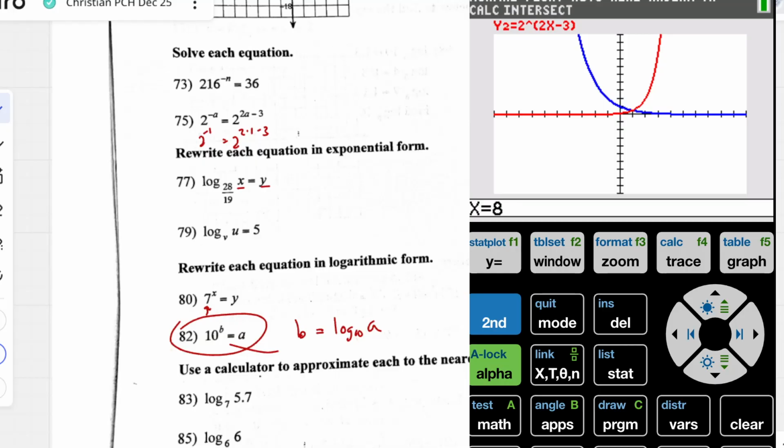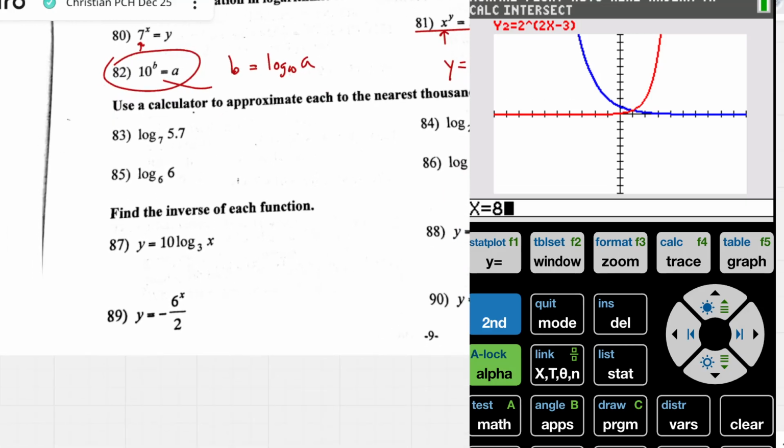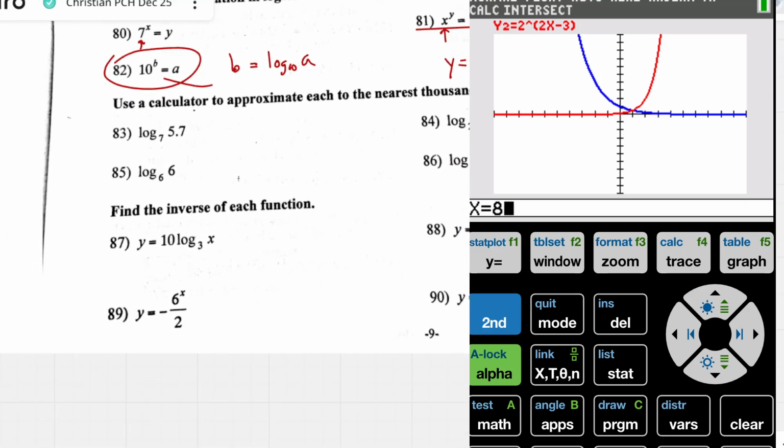Let's see. This one, they're not asking us to switch forms, so we aren't able to equation. All right. Oh, it just says use a calculator. That should be easy. So find the inverse, just switch x and y. Gotta divide by 10 first.